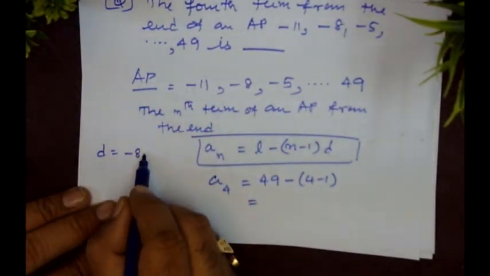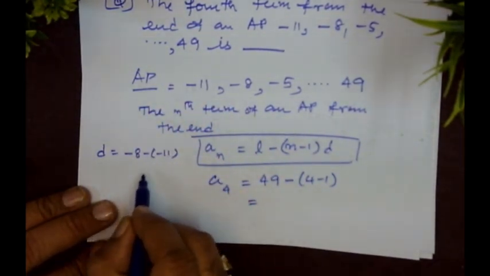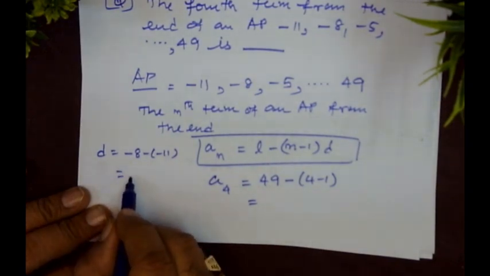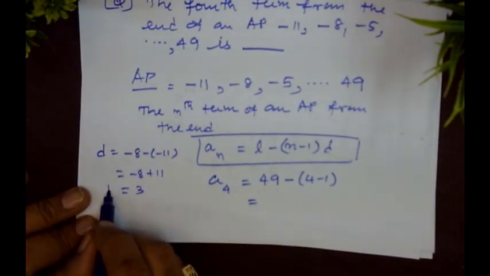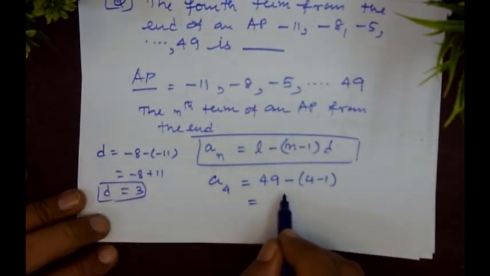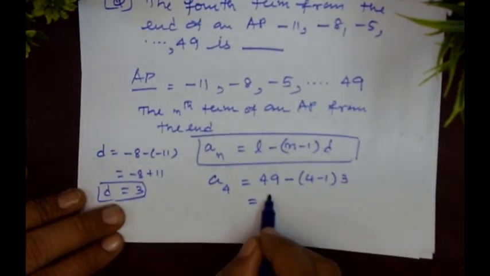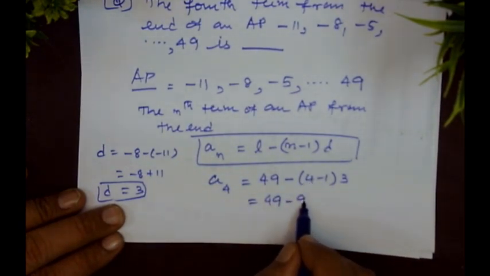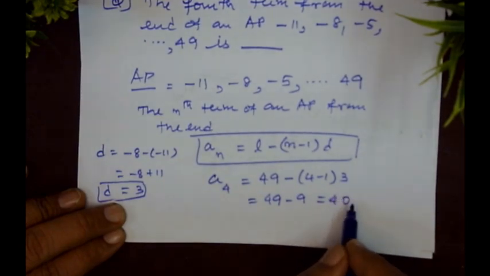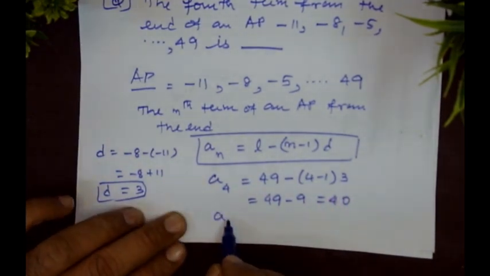So minus 8 minus of minus 11, that is equal to minus 8 plus 11. That is 3. So d is equal to 3. So you can substitute 3. So 49 minus 3 threes are 9, that is equal to 40. So a4 is equal to 40.